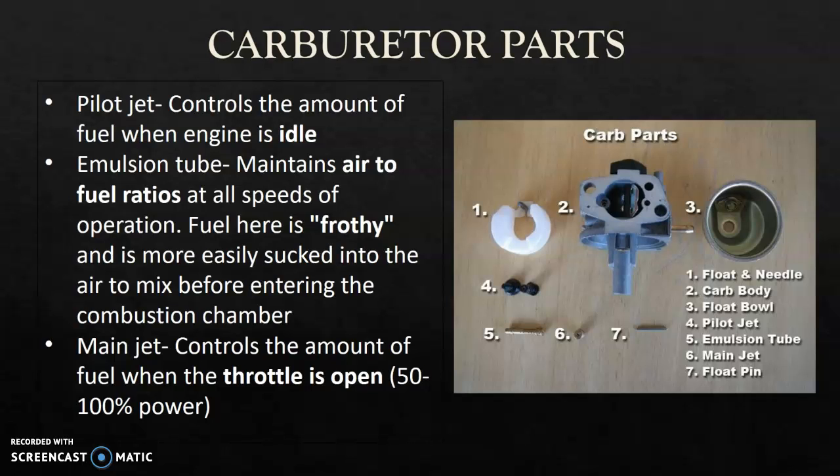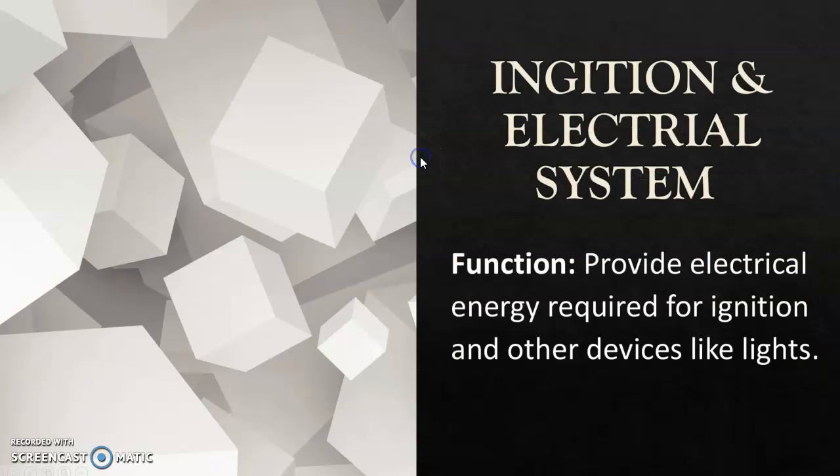It helps create stability in the system. Then you've got the main jet, which is number 6 here. It's just a little pin-like looking thing, and it controls the amount of fuel when the throttle is open. There's a throttle body on there, and you can control how fast your engine is running based on where you have the throttle adjusted.